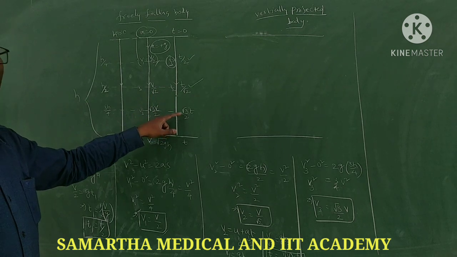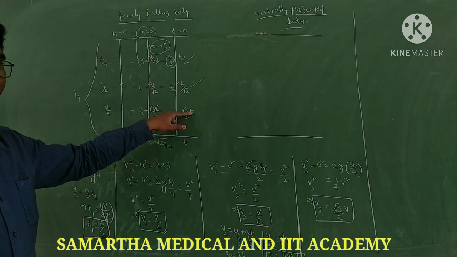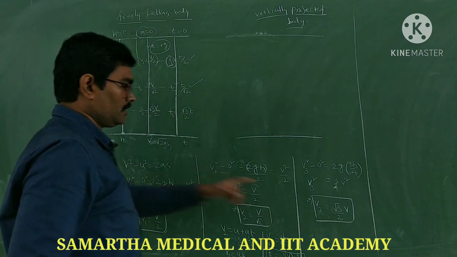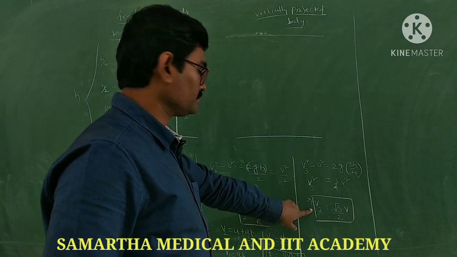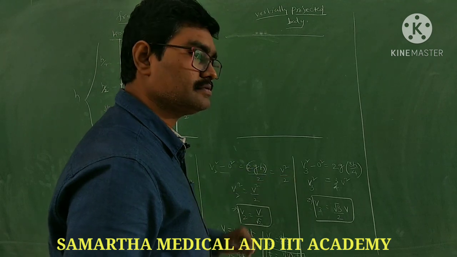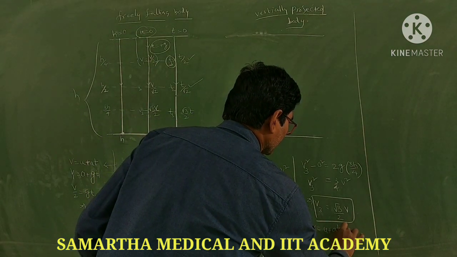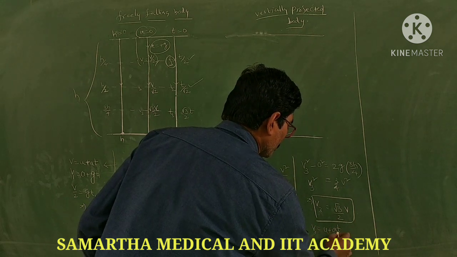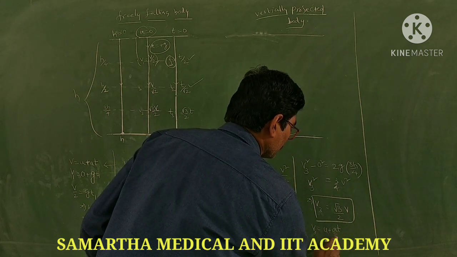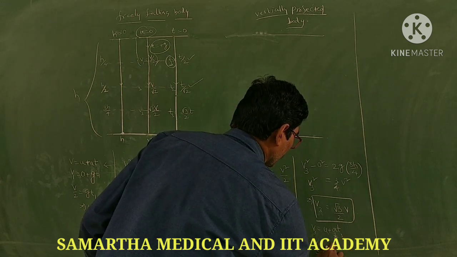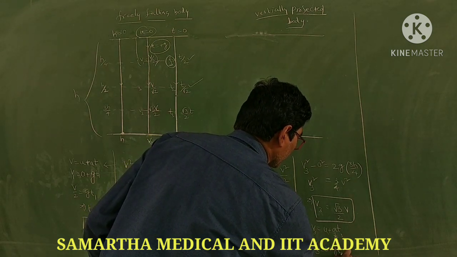Come to this, root 3 by 2 T. How will you get it? Same. For this condition you tell me. How to calculate this? Same, v is equal to u plus at. v3, u is 0, g, t3. So v3 is equal to 0 plus g into t3.